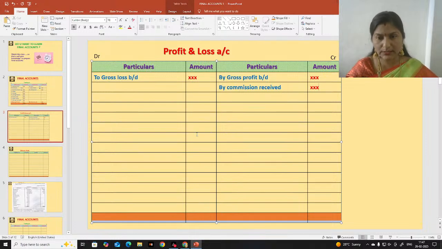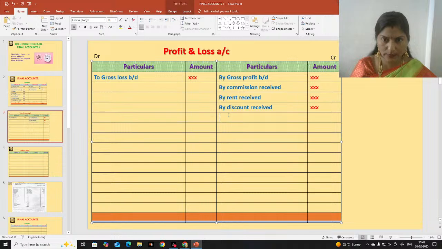amount column XXX, and next by rent received, amount column XXX, next by discount received, XXX in amount column, and next one is interest received.